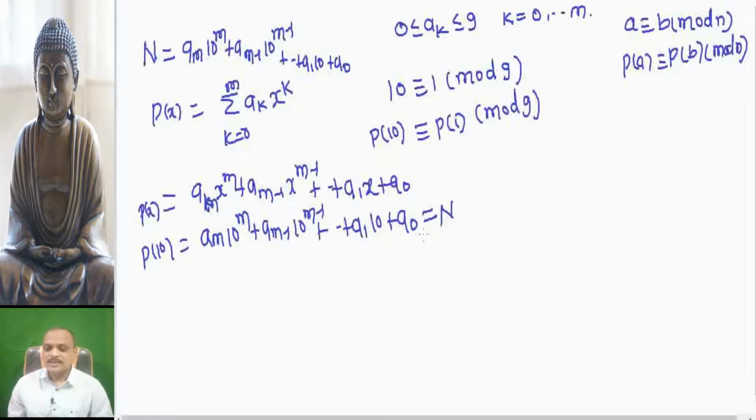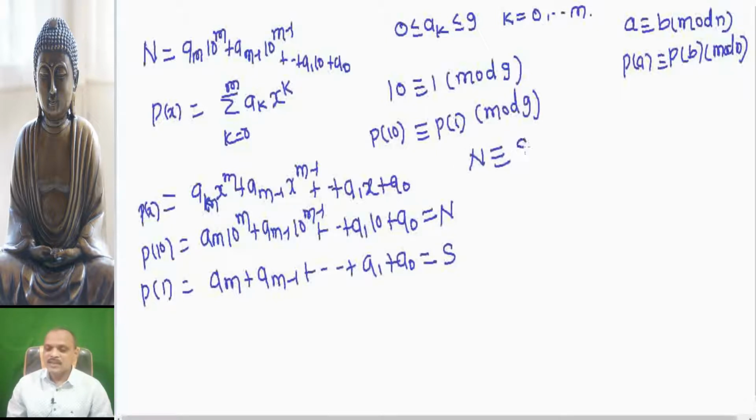So it is the number capital N, and p of 1 equals a_m plus a_(m minus 1) plus a1 plus a0. Let us call this S. Now this gives us that N is congruent to S modulo 9.